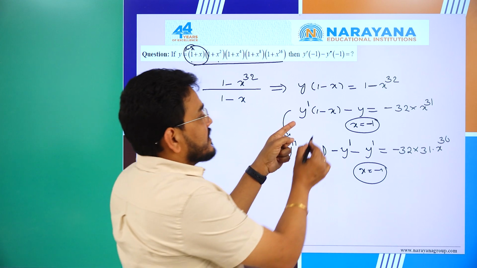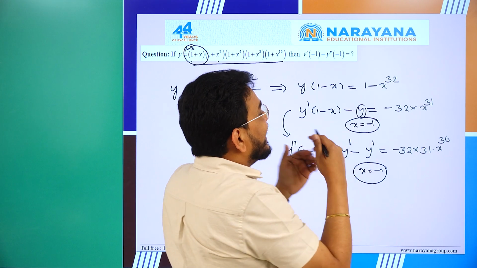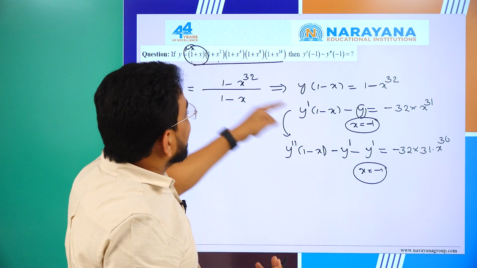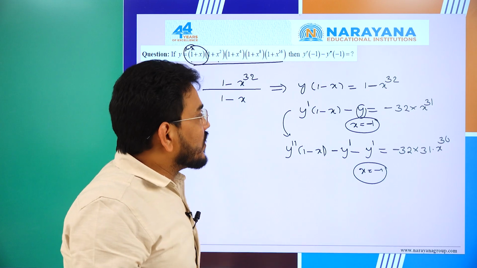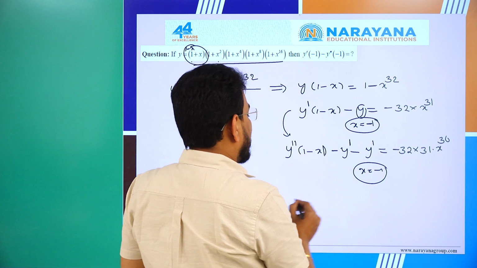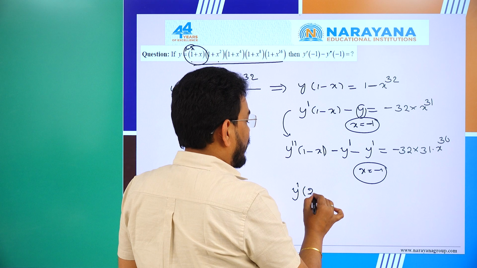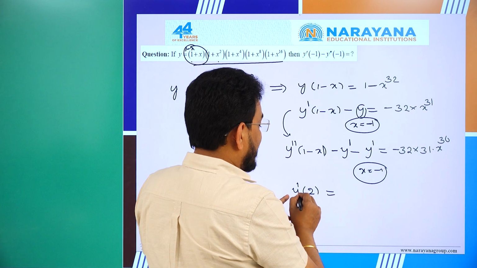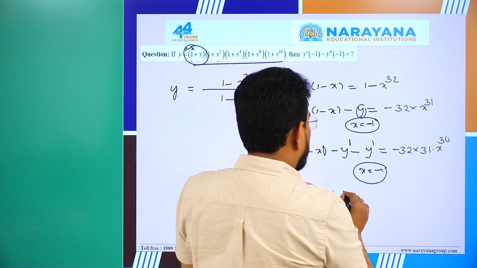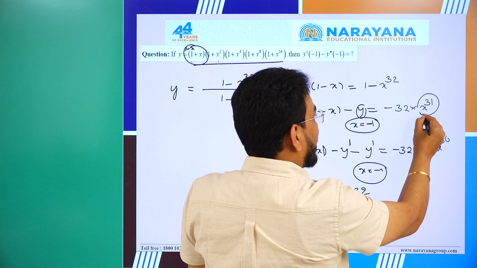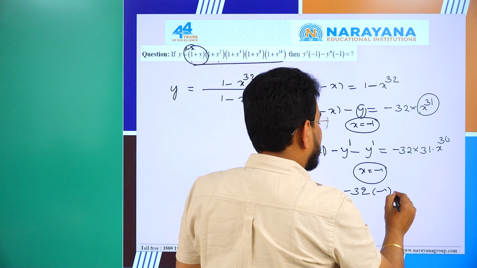And you may ask, sir, what is the y value here? At x is equal to minus 1, y is clearly equal to 0. So from here, y dash at x is equal to minus 1: y dash into 2 is equal to minus 32 into minus 1 power 31, so minus 1.